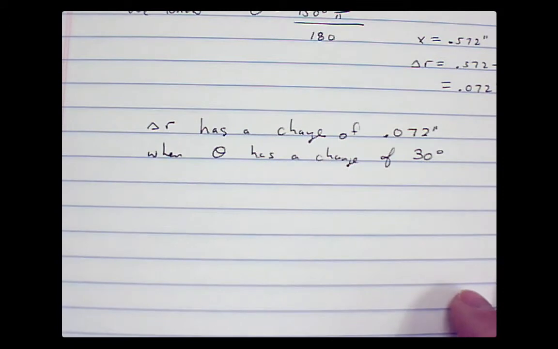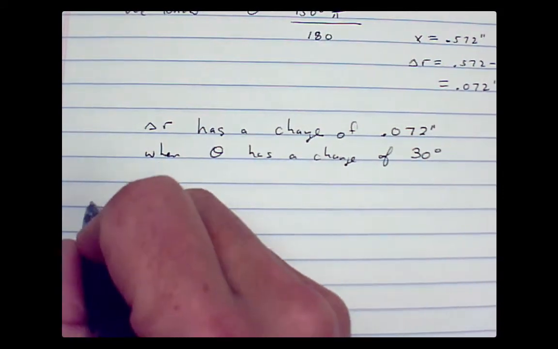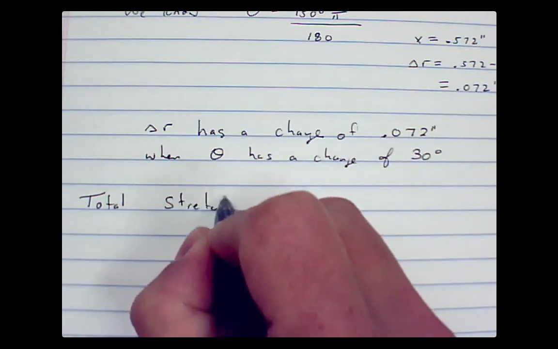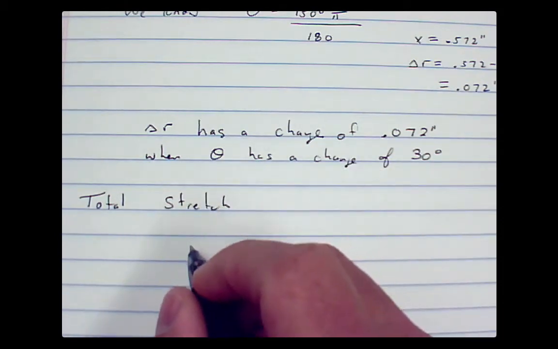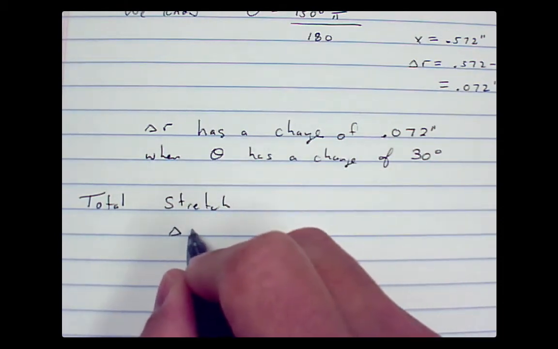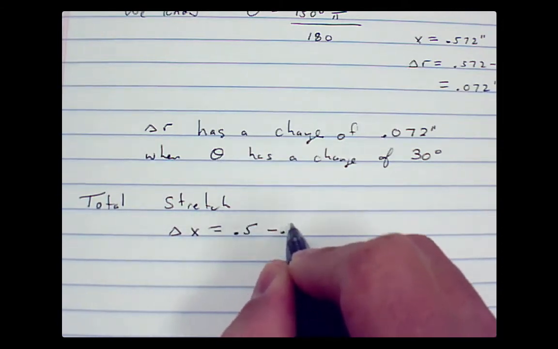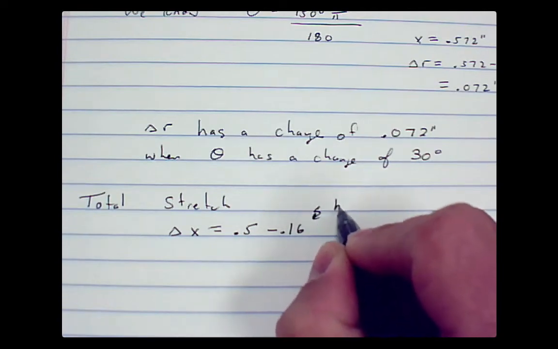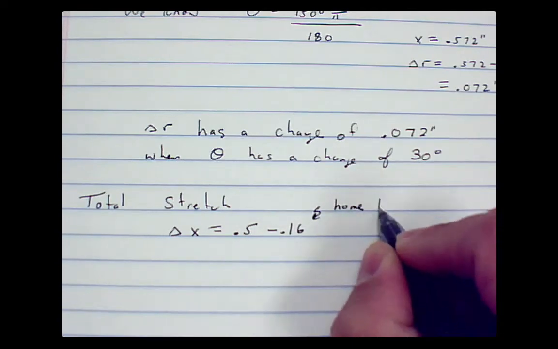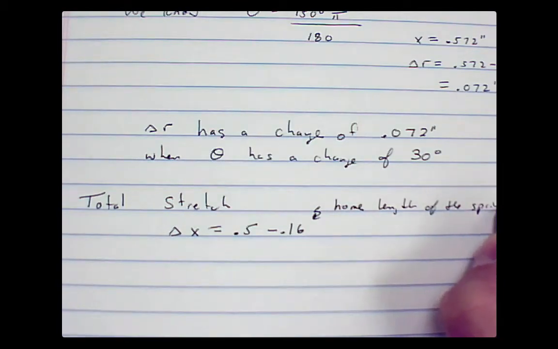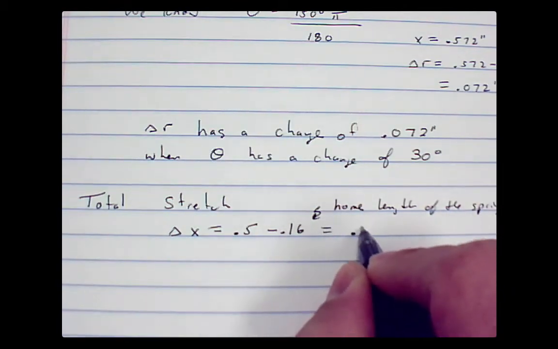Next, I have to think about my total stretch. So if I think about my total stretch, delta x was 0.5 inches minus 0.16, where that was my home length of the spring, and I get 0.34 inches.